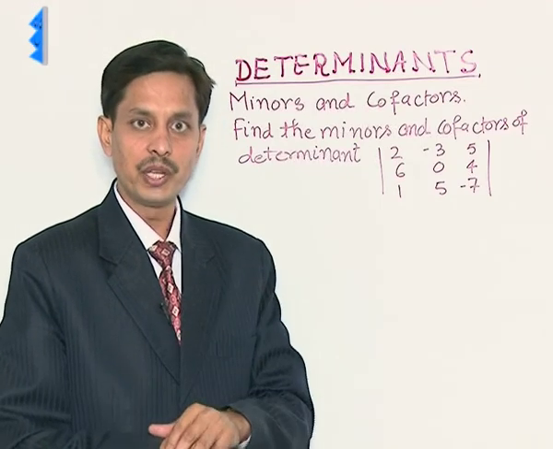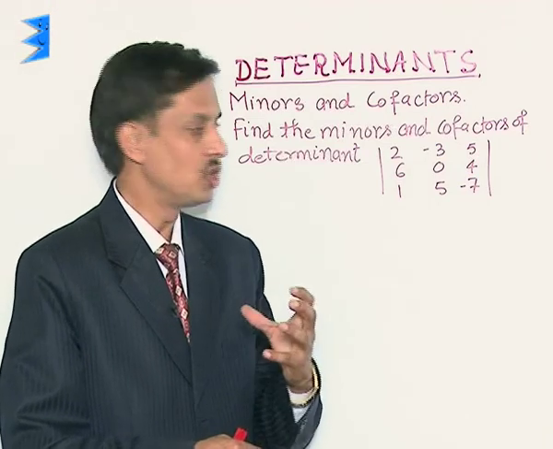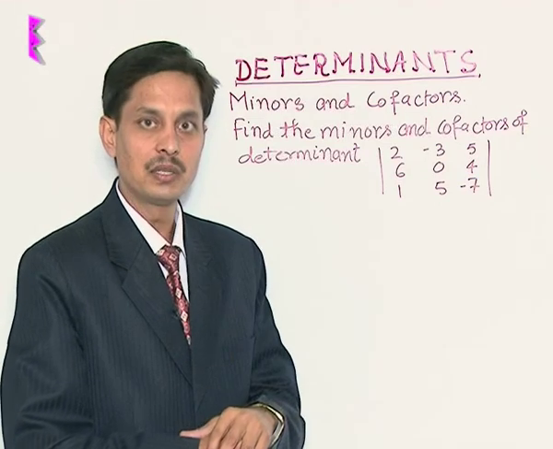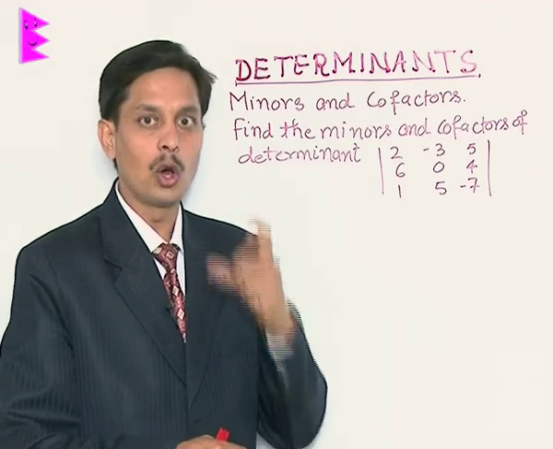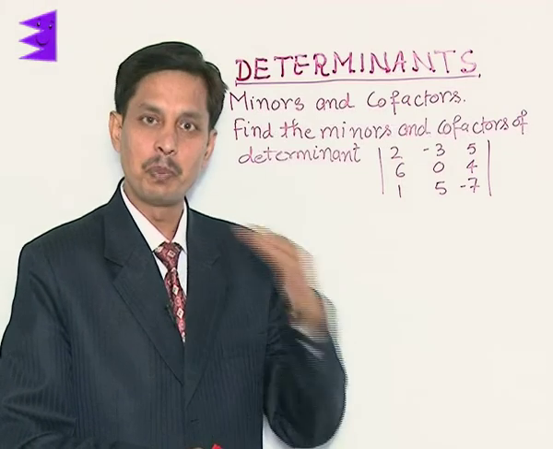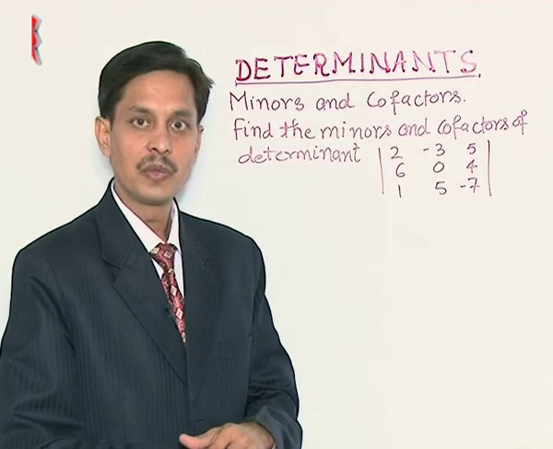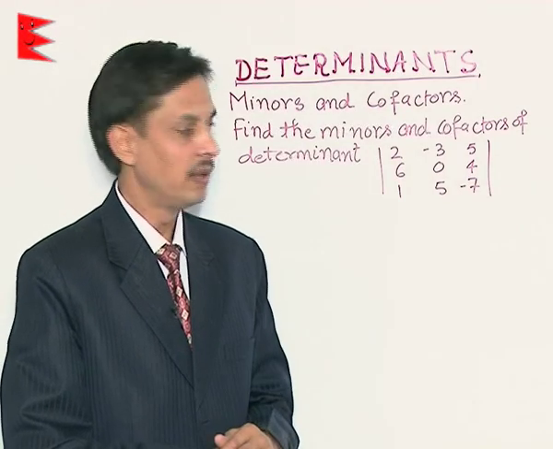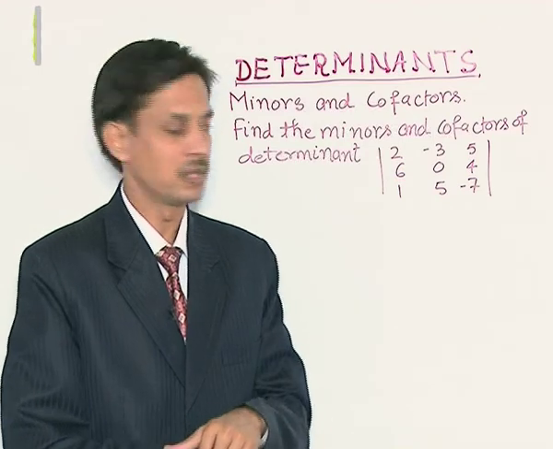To explain it, first we should see the determinant whose elements we need in order to obtain the minors and cofactors. I will also explain a very important rule which is useful for verifying whether the minors and cofactors obtained are true or false.